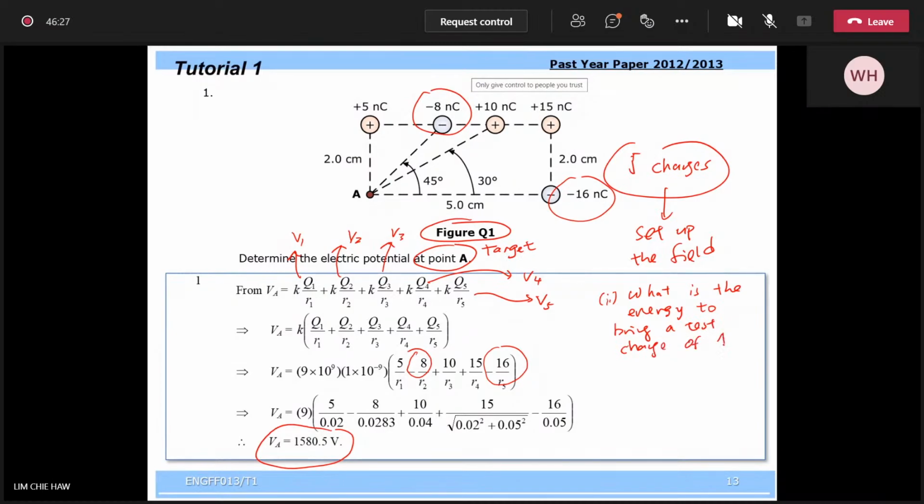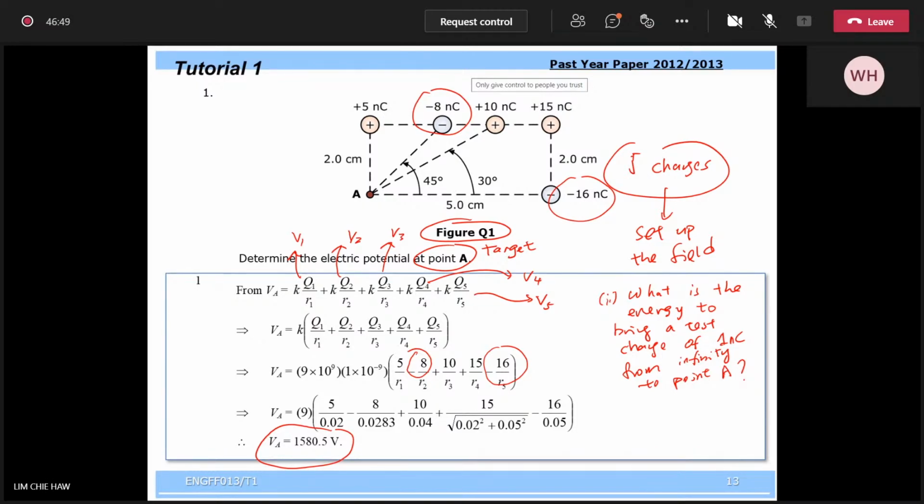What is the energy to bring a test charge of 1 nanocoulomb from infinity to point A? Understand the question? What is the energy to bring a test charge of 1 nanocoulomb from infinity to point A?